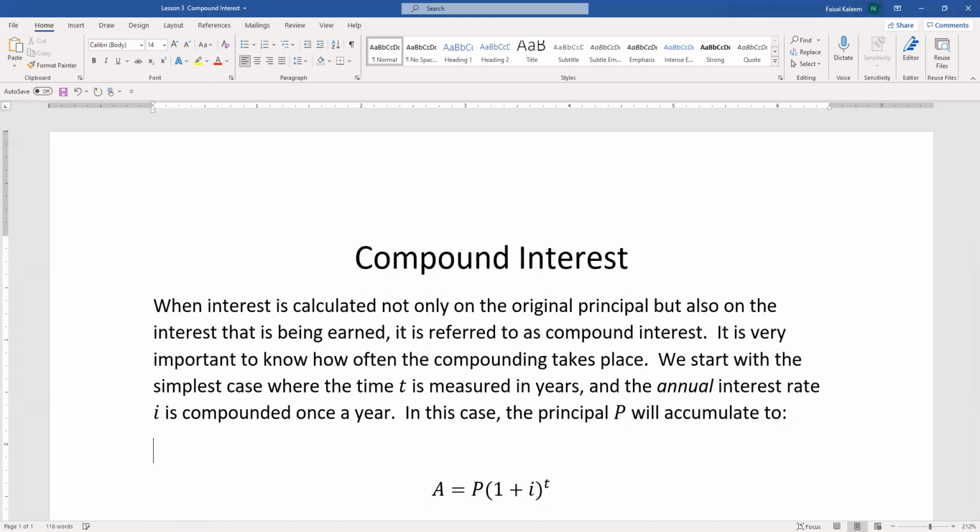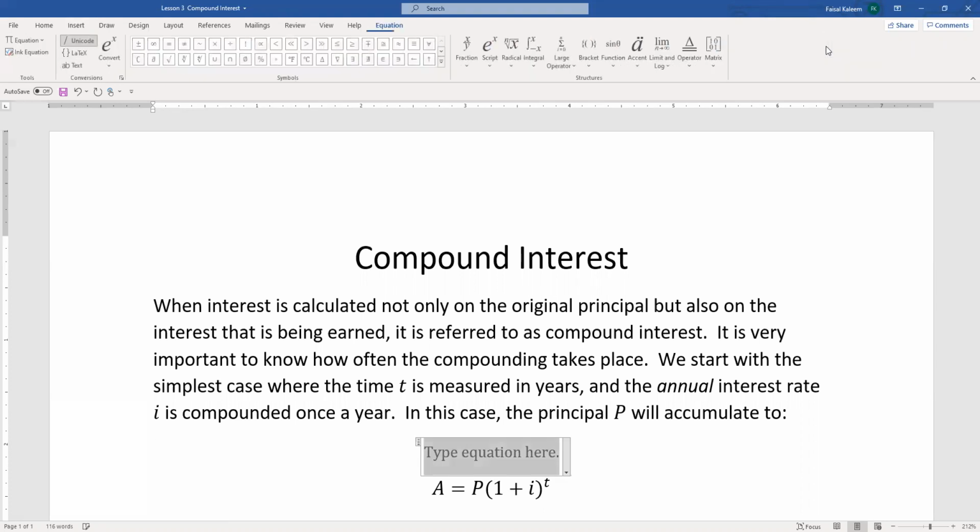After 1 year, since the interest is being compounded at a rate of I, the principal will become P times (1 plus I), because your principal is increasing at a rate of I%, and when you increase something at a rate of I%, the new amount becomes the original times (1 plus I). So this will be after 1 year.